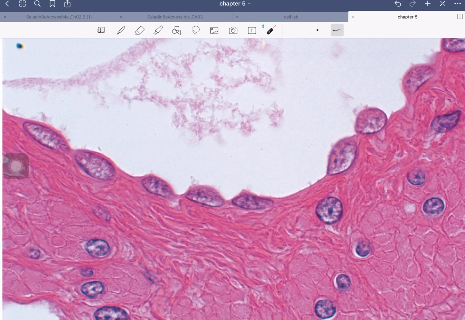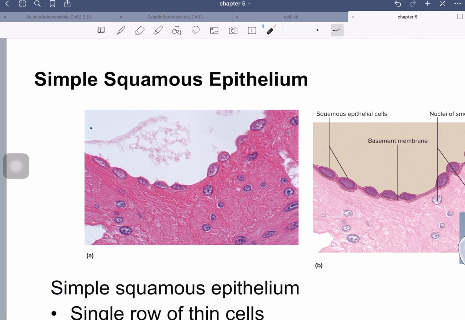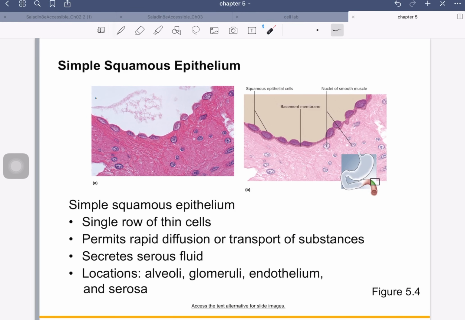The last thing we looked at was an artist's diagram, and you can see the cells are quite flattened, etc. Now remember, that underneath here I would have a basement membrane, and that would connect it to the underlying tissue. So I'm looking at simple squamous. It's a single row of cells. Now, this is really good for rapid diffusion or transport of substances or secretion of fluids.